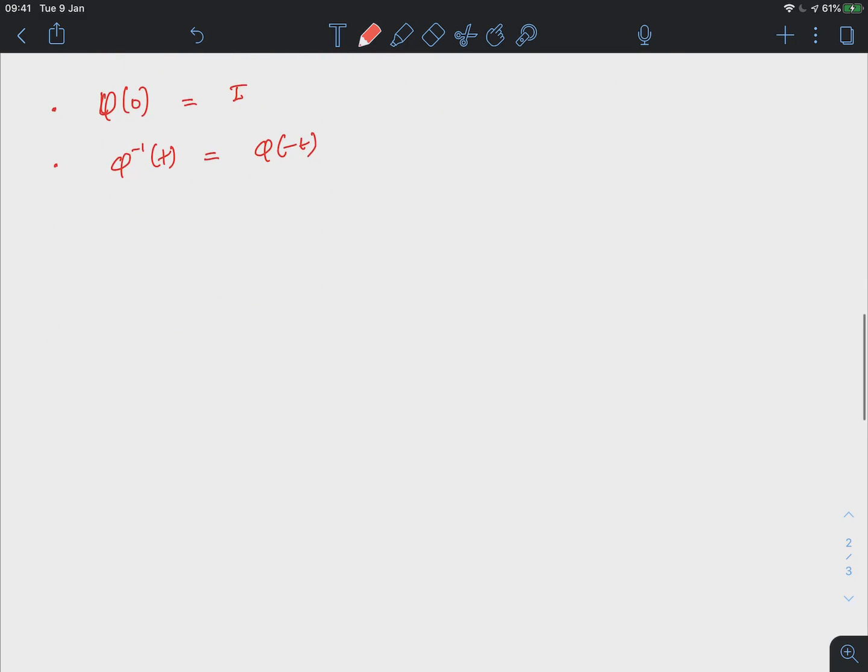Now let's generalize the solution for the complete state space system by considering the forced system, meaning where u is not equal to 0. So we have dx by dt is equal to Ax plus Bu.